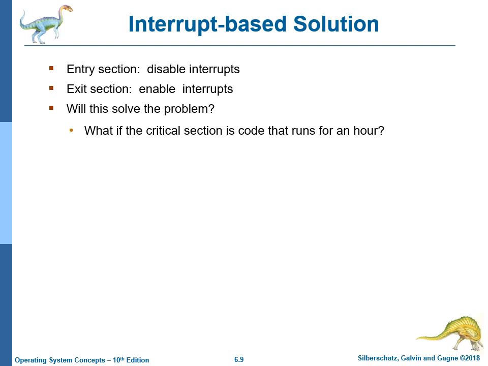Actually no, because apa yang berlaku ialah dia punya critical section tu, code tu run for hours, more than 1 hour. Ni biasanya berlaku apabila you have a poor design of your coding lah. So if the critical section code ni run for more than 1 hour.